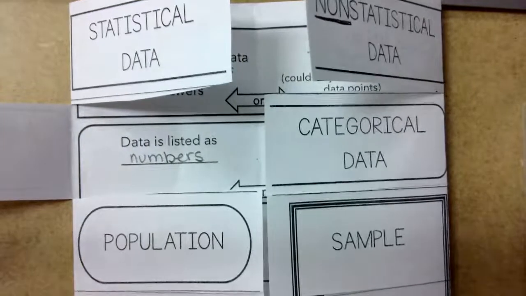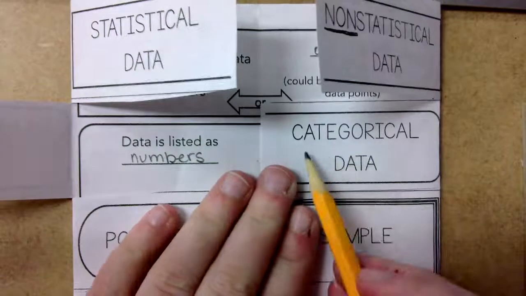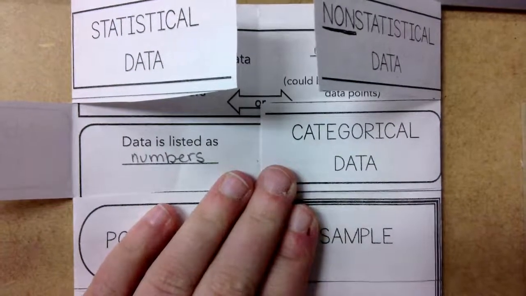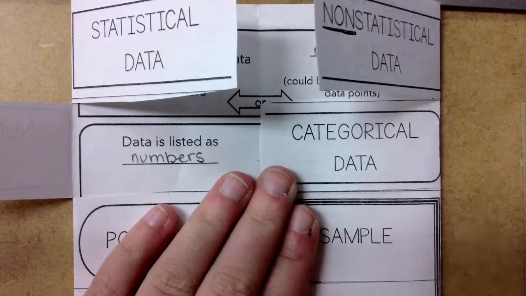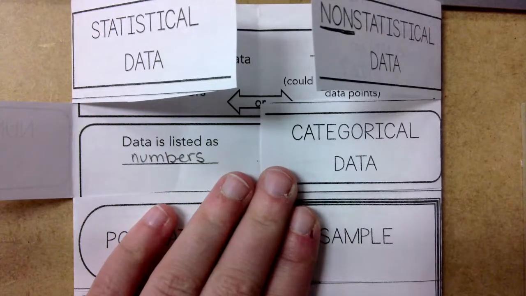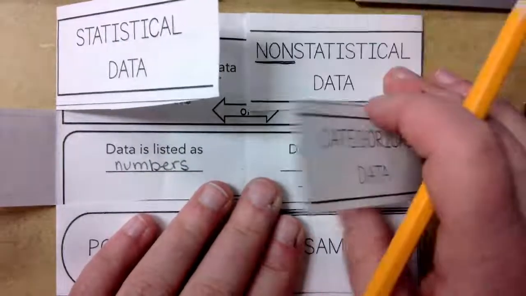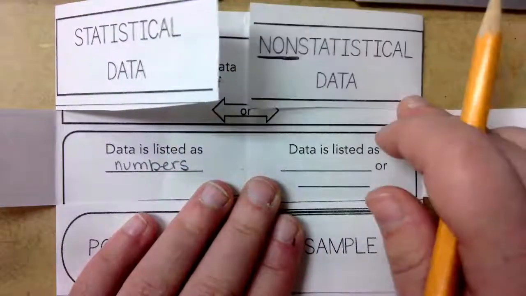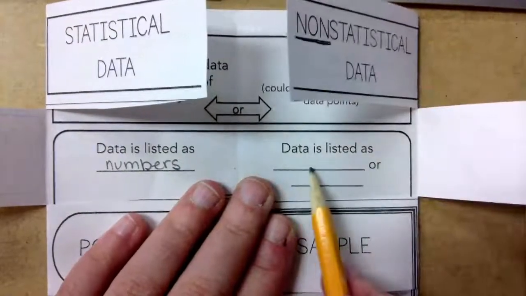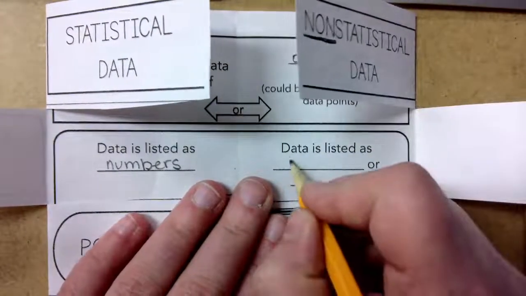Some sort of description that has words with it. Okay, and again, the majority of our data is going to fall into one of these categories. Either it's numerical or it's names.